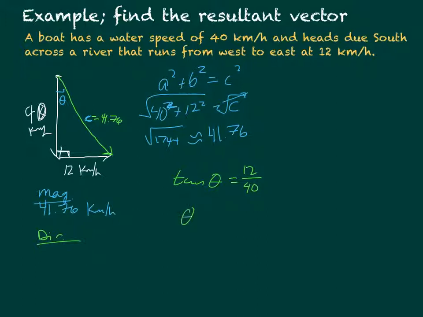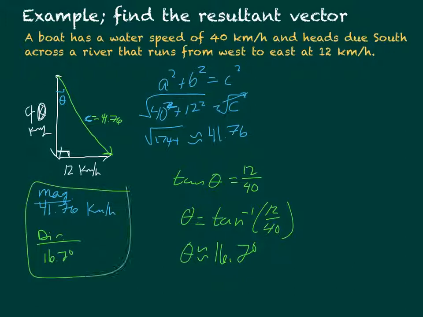And then theta is going to equal the inverse tangent of 12 over 40. So theta is approximately equal to, if you type that into the calculator, 16.7 degrees. So my direction is 16.7 degrees. And that's your final answer.